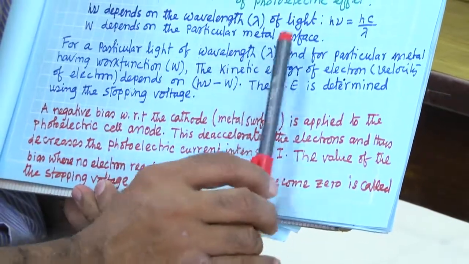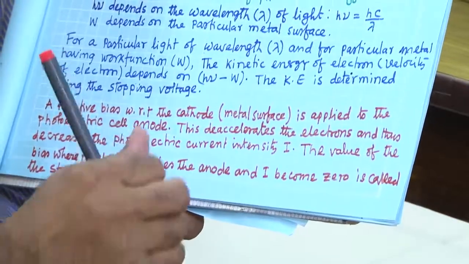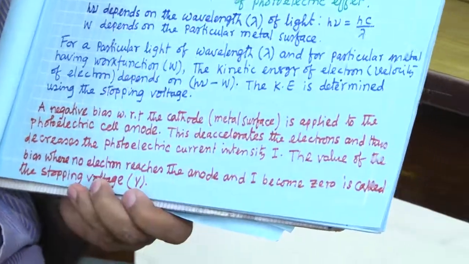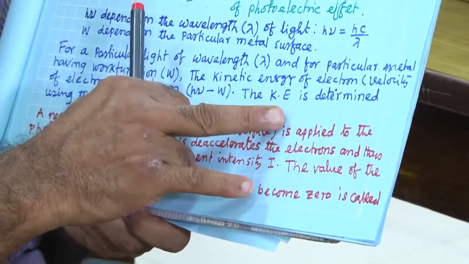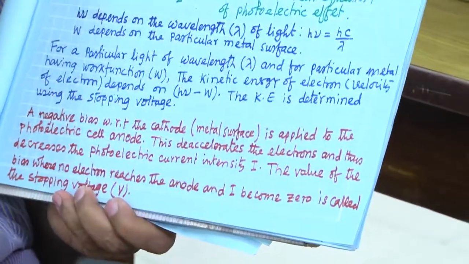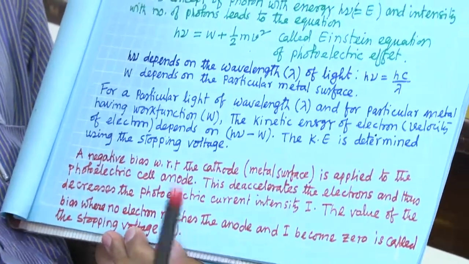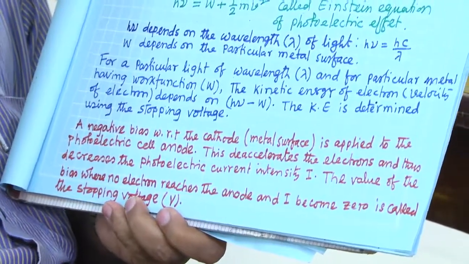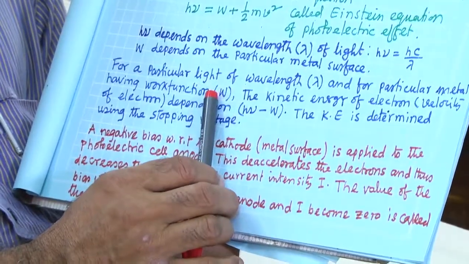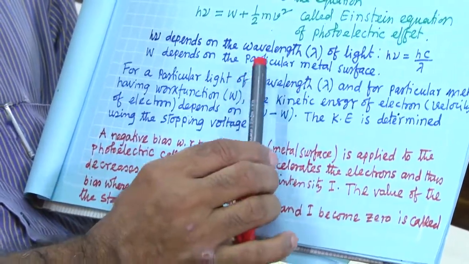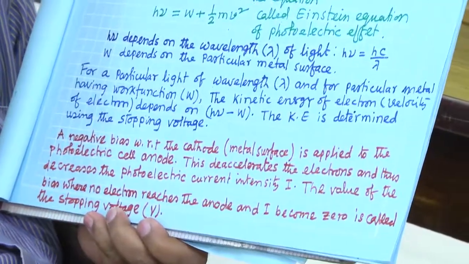If you increase the negative voltage of the anode with respect to the cathode, the metal surface, a time will come when no electron will be able to reach the plate.